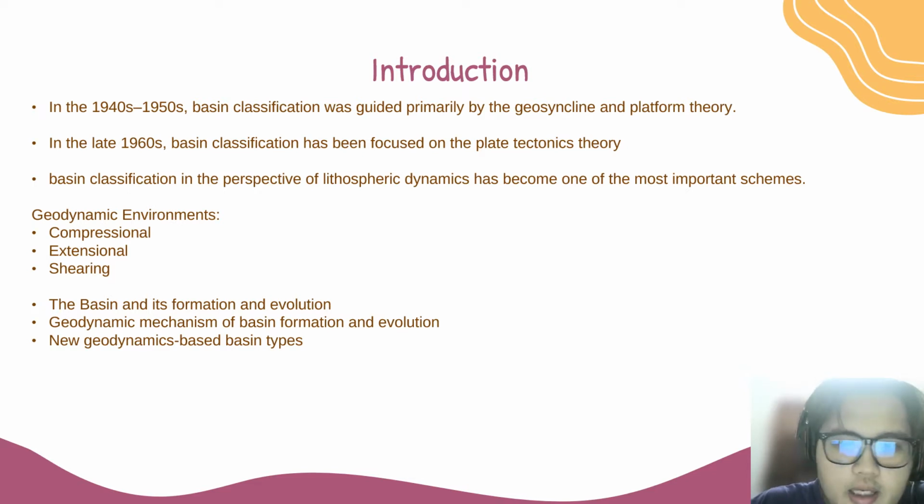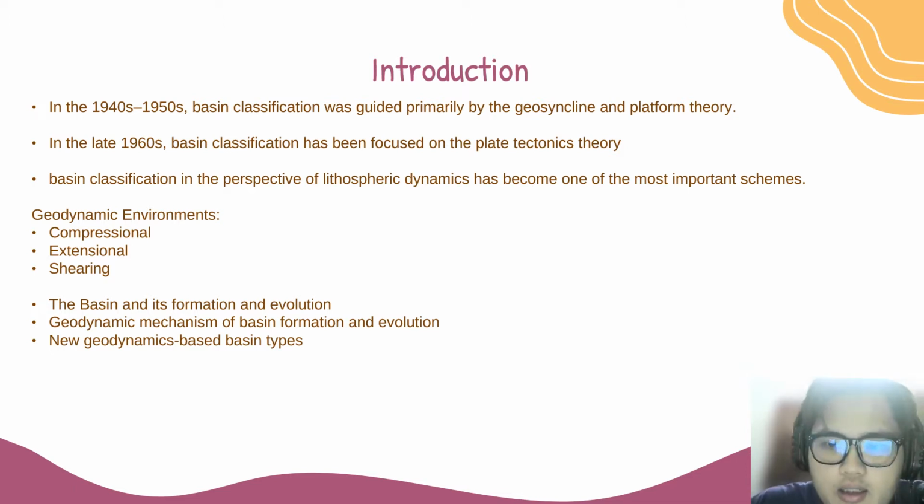Geodynamic environments can be divided into three categories: compressional, extensional, and shearing. While in the research article, basins are divided into five categories: extensional, transtensional, compressional, foreland, and cratonic basin.